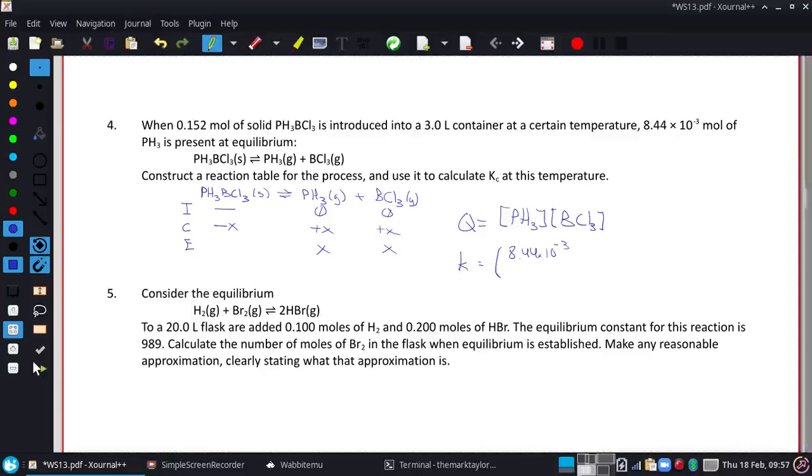Remember, these need to be concentrations. So I'm going to divide it by the volume. And technically, I'm going to do that for the BCl3 as well.